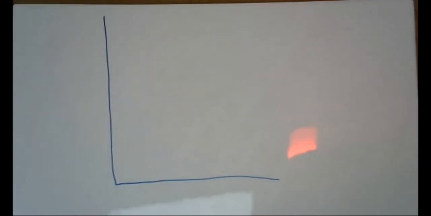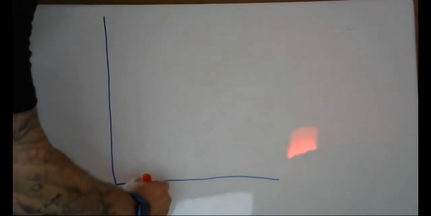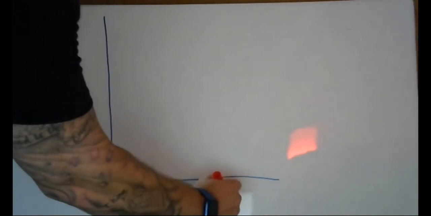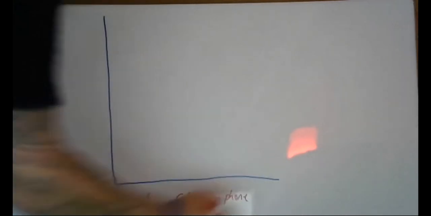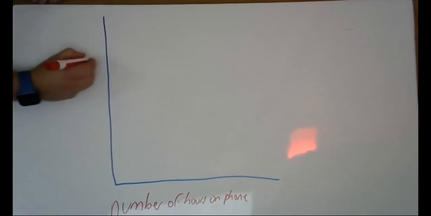So I would put the number of hours on the phone, or the independent variable, on this side. On this side, I will put the hours of sleep.